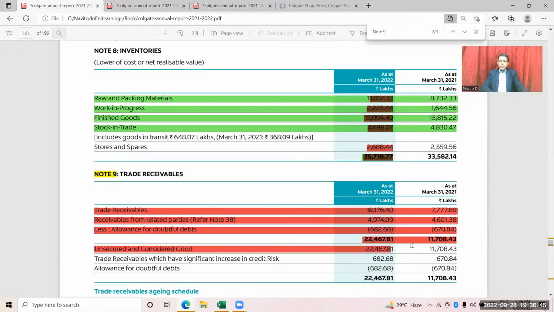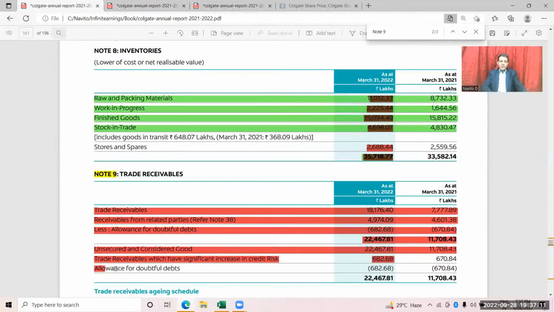It has used a different classification in the next section, unsecured and considered good. Though it is unsecured, that means it has not taken any guarantee for these particular assets. So hence it is considered unsecured, but due to goodwill, it is considered good. And trade receivable, which has significant increase in credit risk, this is 682.68. There is certain credit risk, but that's fine.